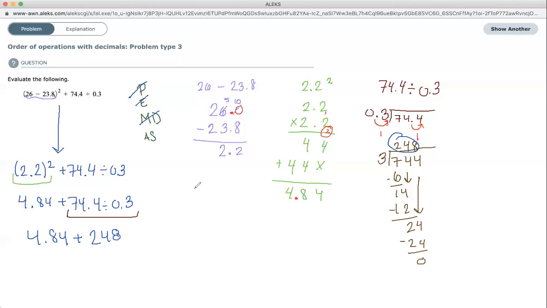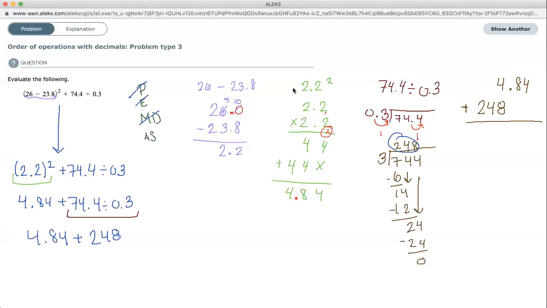Now on to the addition and subtraction. I only have addition left. So I'm going to go ahead and do that. And in order for me to add, I want to make sure I line up the place values. So I have 4.84, and I'm going to add to that 248.